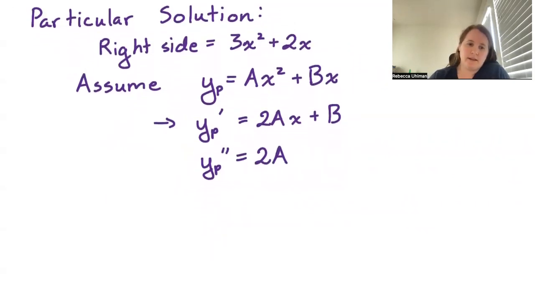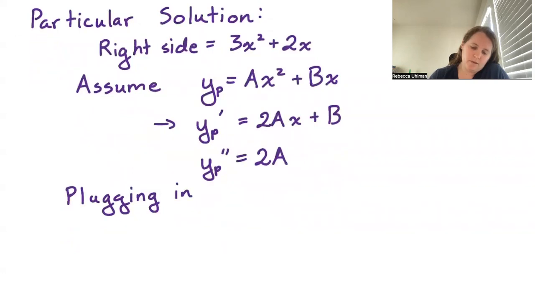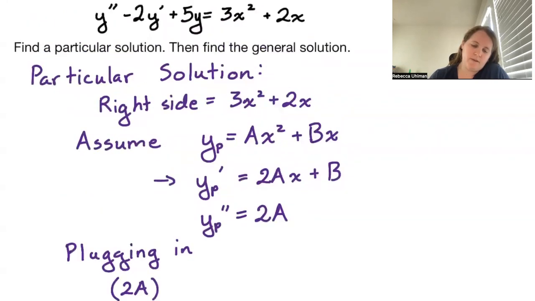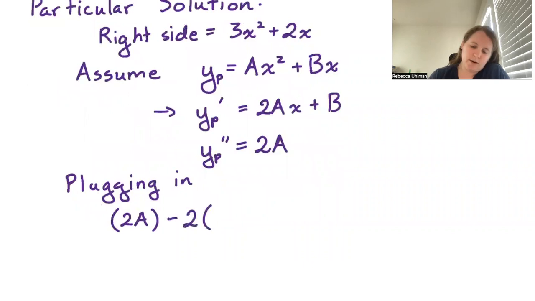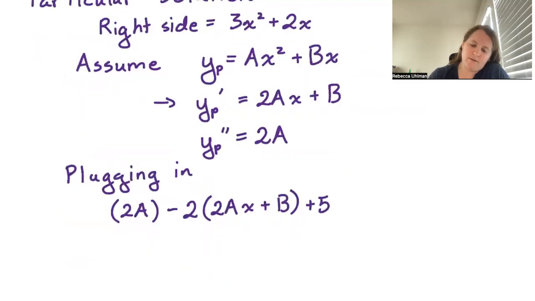Now, if we plug this in, we would have y double prime, so 2a, minus 2 times y prime, so minus 2 times 2ax plus b, and then plus 5y, so plus 5 times ax squared plus bx. And this should all be equal to 3x squared plus 2x.